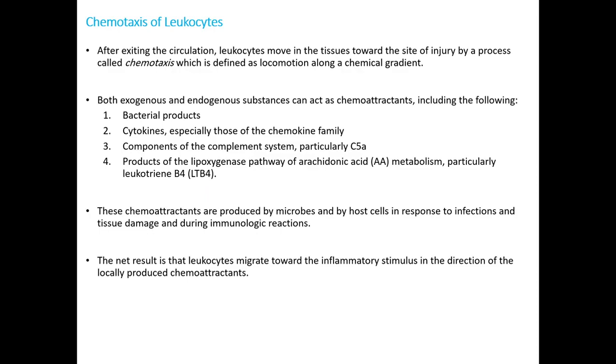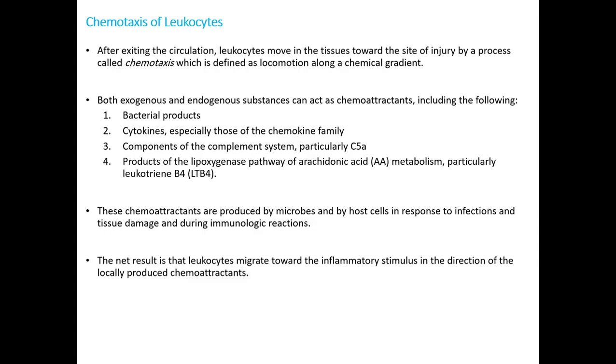These include bacterial products, cytokines, especially those of the chemokine family, components of the complement system, which is C5a, and products of the lipoxygenase pathway of arachidonic acid metabolism, particularly leukotriene B4.